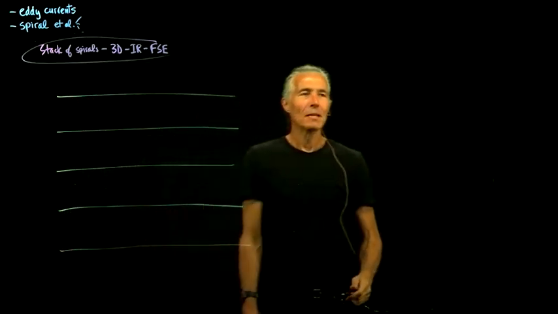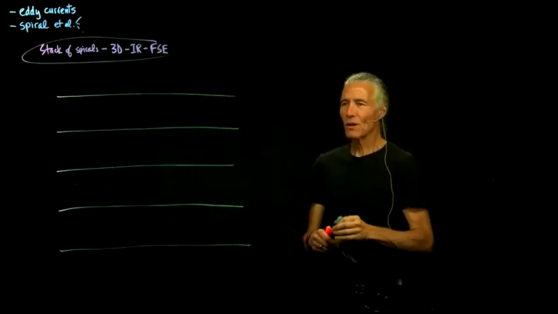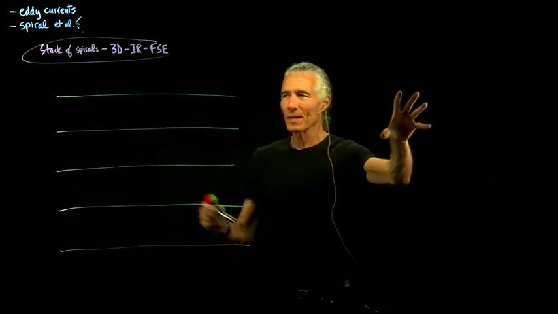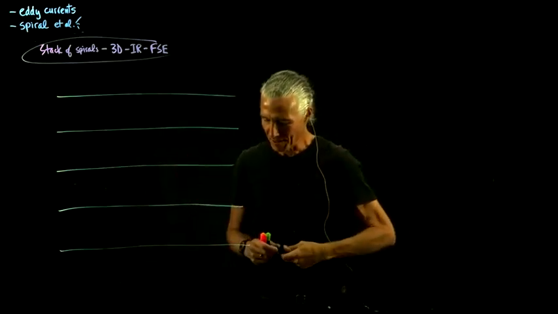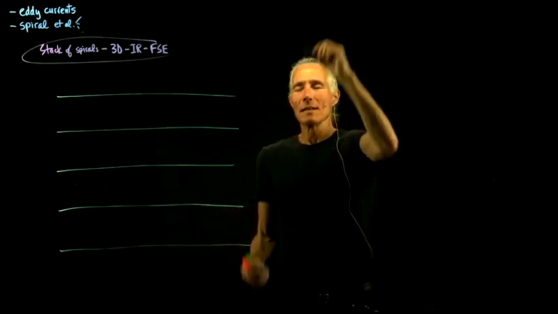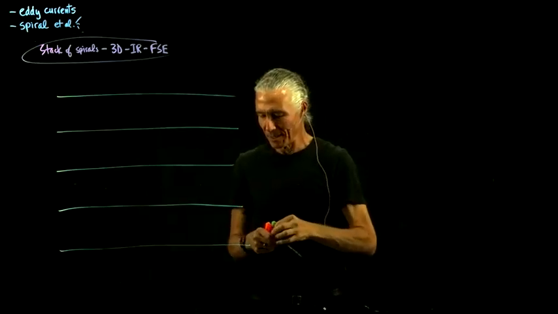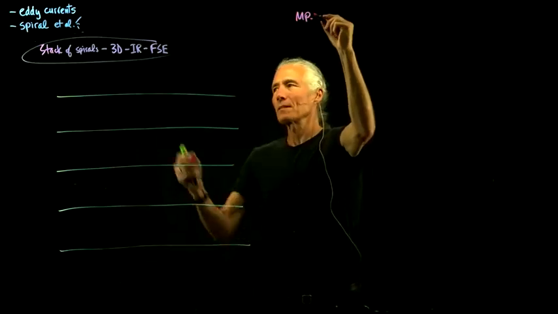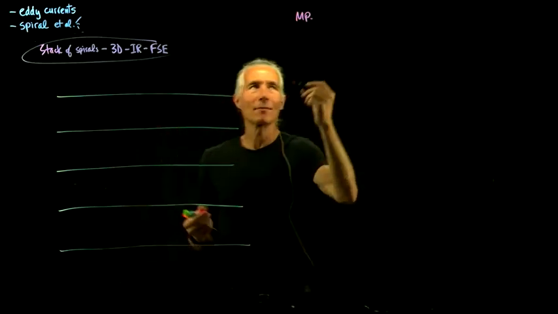Let's first talk about the overall picture of what I'm going to draw before I go into the horrible details. With an MP-RAGE, this is basically a high-resolution structural scan.